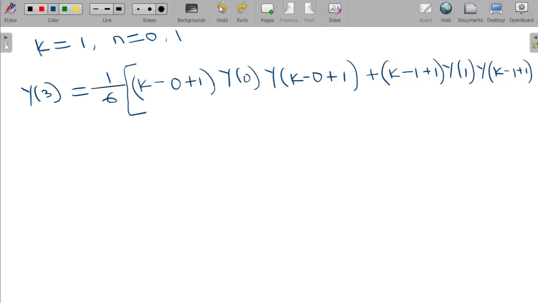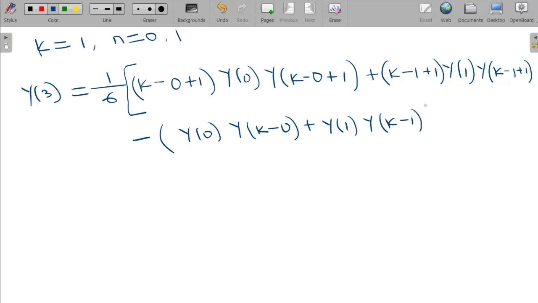Then for the second nonlinear term, we're going to have Y(0) Y(k minus 0), plus, when n is 1, Y(1) Y(k minus 1). So we have imputed the values of n when it is 1 and when it is 0.